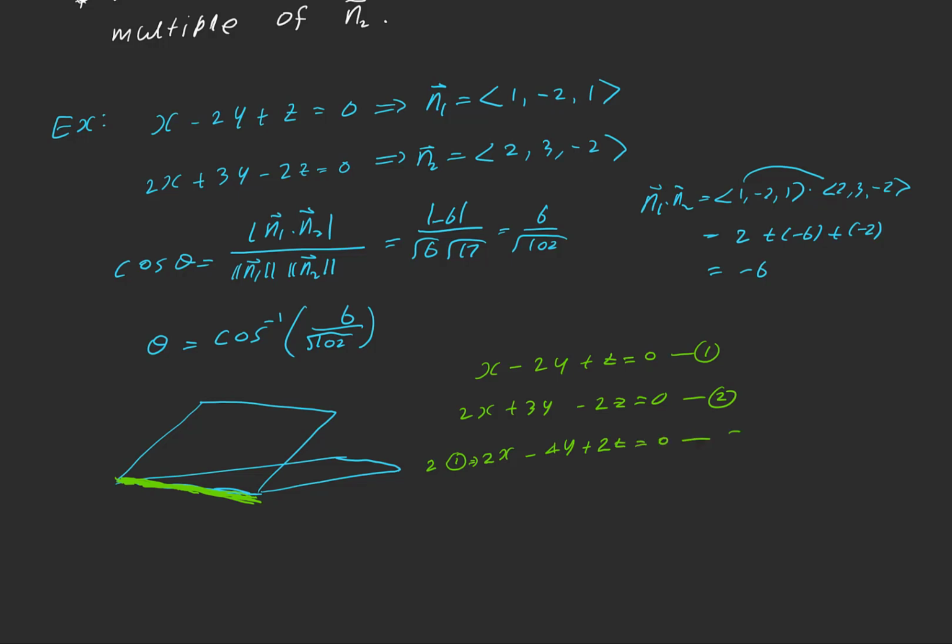This is the third one. Then I use the third one, then 2 minus 3, the equations, right? Then 2x minus 2x is 0, minus 4y minus 3y becomes negative 7y, and plus 4z equals 0. From this we can have y equals 4z over 7.